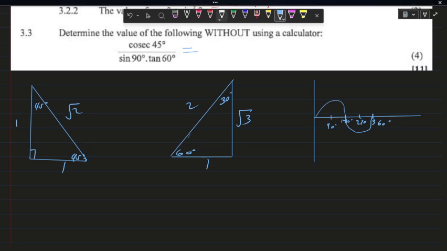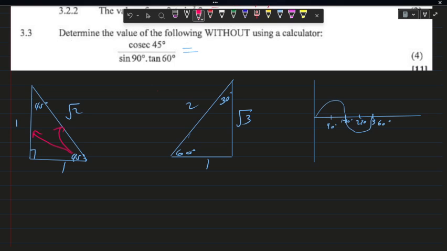Now, cosec of 45 degrees. Cosec is the reciprocal of sine of an angle. Okay, so sine of 45 degrees is 1 over root 2, because sine is opposite over hypotenuse.